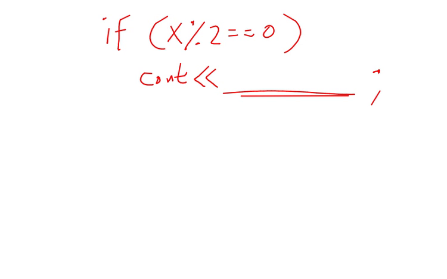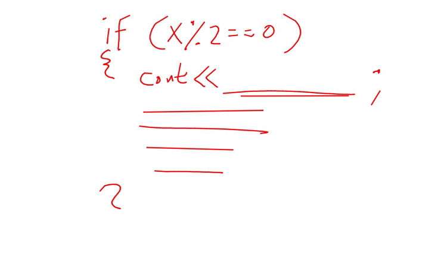But if you have multiple commands, then you must put a brace, and then you have all your multiple commands, and then you end it with the closing brace. What I tell students is, why remember two separate rules? Why remember that if I have just one line after the if statement, I don't need braces, but if I have more than one line, I'm going to put braces?